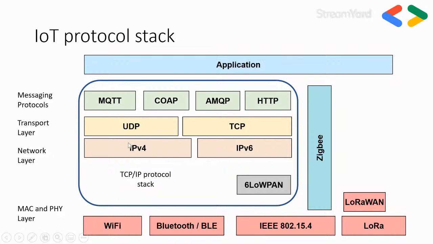We have different types of IP, version 4 and version 6, and the transport layer can be over either TCP or UDP. TCP is more power hungry and data hungry, but the internet is over TCP.